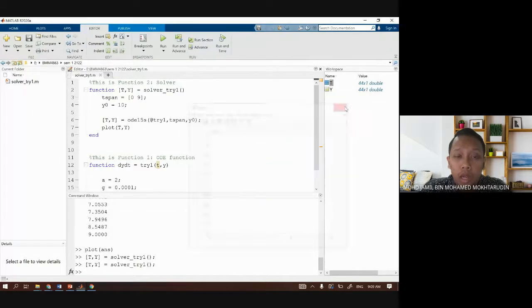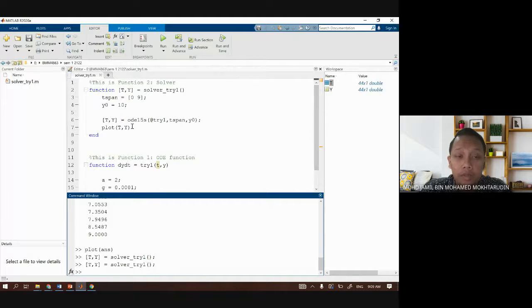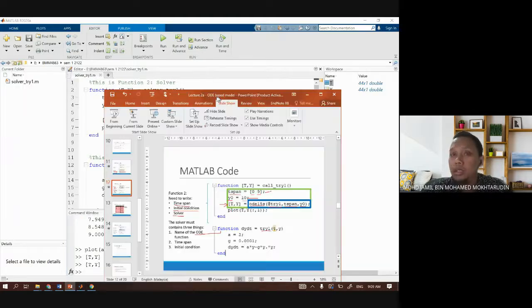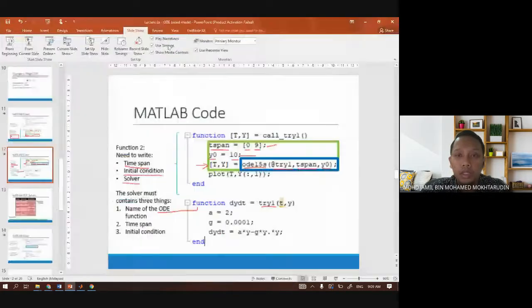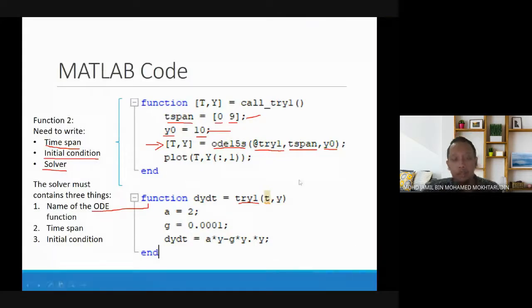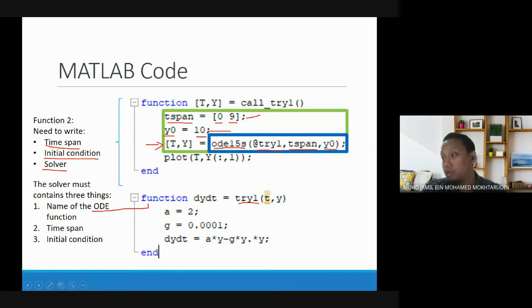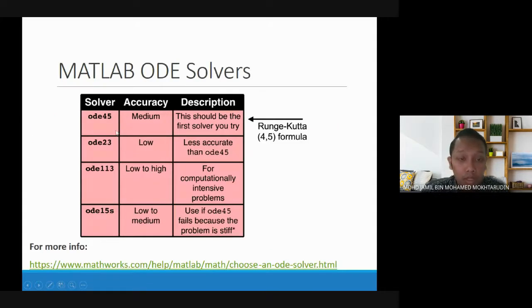I hope you understand the basic concept of writing an ODE solver in Matlab. Let's continue with the slide. Just now I explained about ODE15s as a built-in function in Matlab.